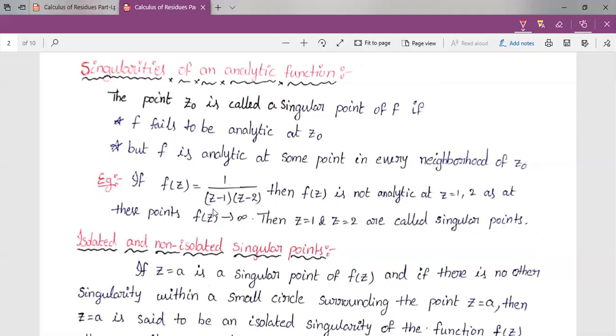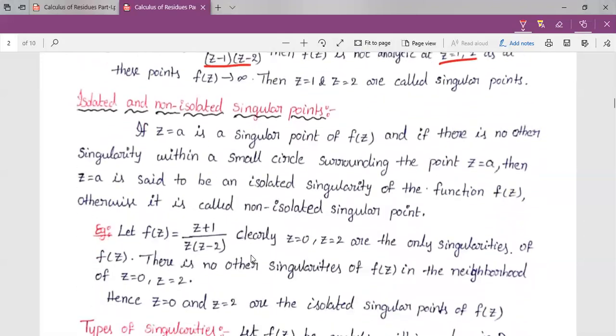In the example here, to find singularities of the function, we equate the denominator to 0. So here the singularities of the function are z equal to 1 and z equal to 2. At these 2 points, the function is not analytic. So z equal to 1 and z equal to 2 are called singular points.